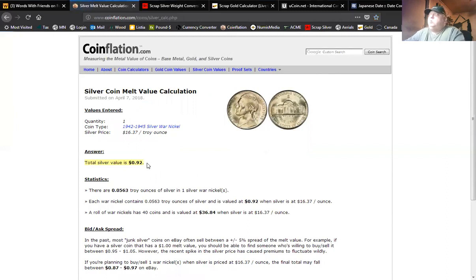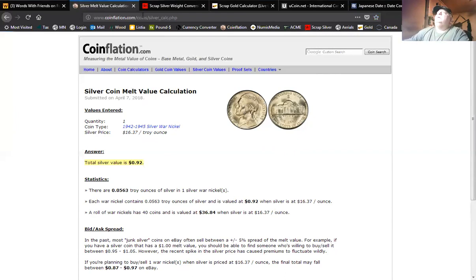And most war nickels that are not in mint condition, AU, anything below all that is only worth about $1, maybe as high as $3, just for the value of the coin itself. The collectability of it. So yeah, they're only worth about $1.